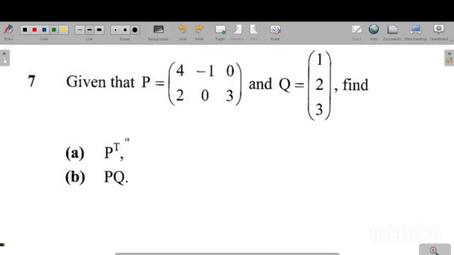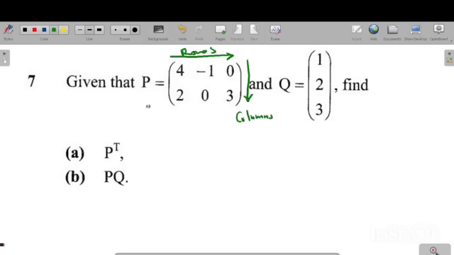First of all, what is a transpose of a matrix? You need to understand that the numbers that are horizontal like this are called rows, and the numbers in a vertical arrangement like this are called columns.